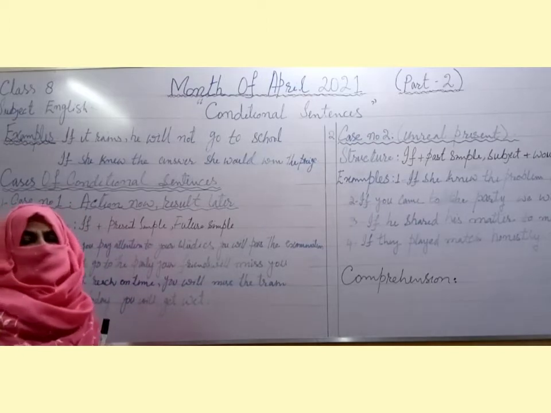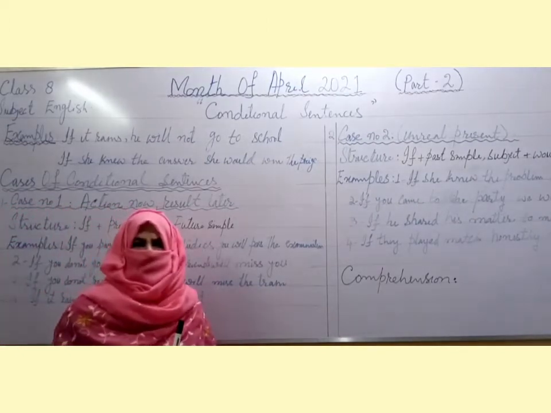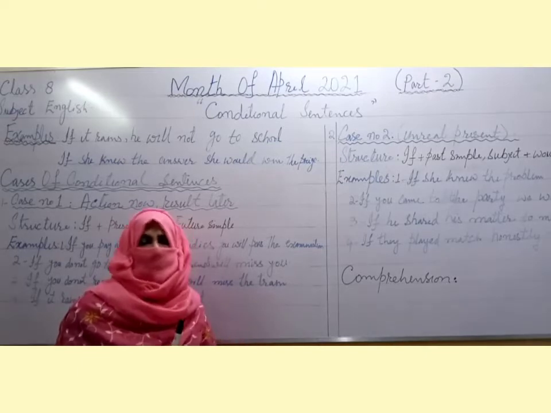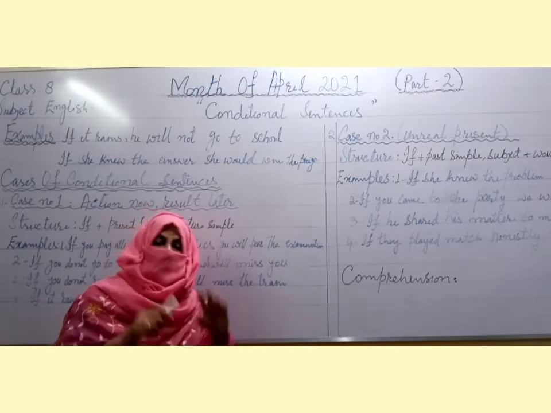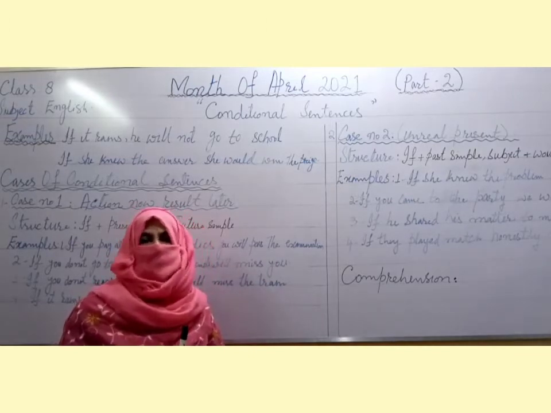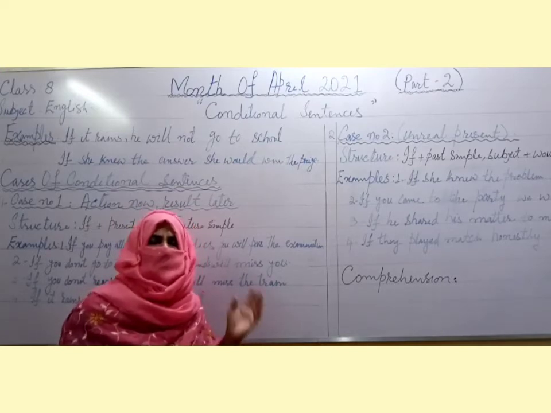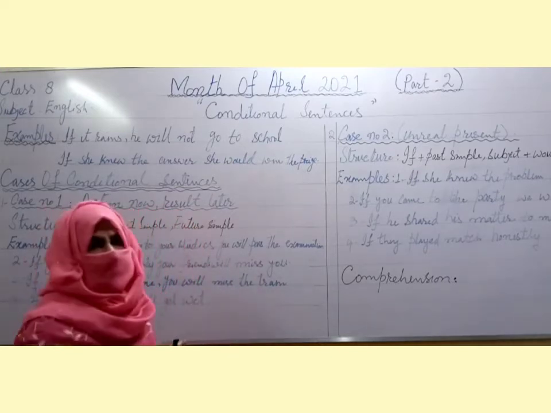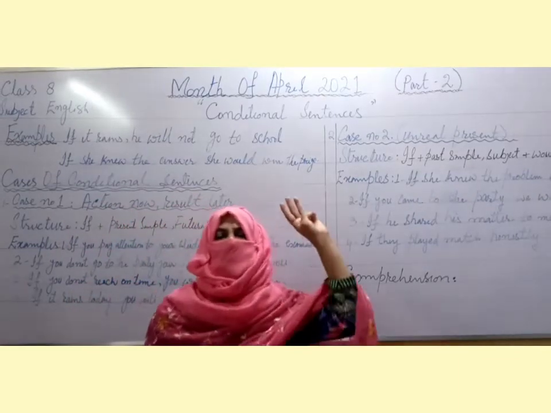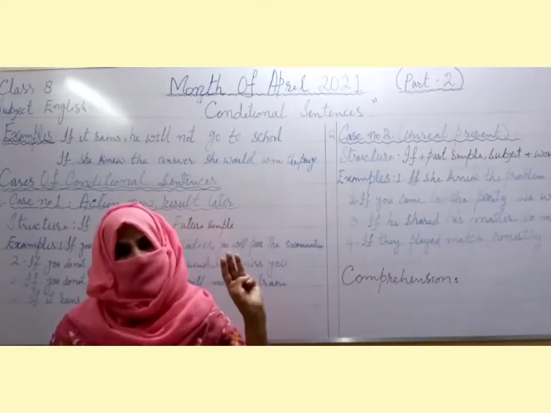Why do we use conditional sentences? We use conditional sentences to express what could happen, what might have happened, and what we wish would happen. For these reasons, we use conditional sentences. There are three main types of conditional sentences.